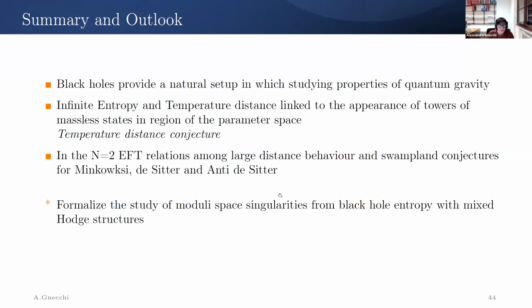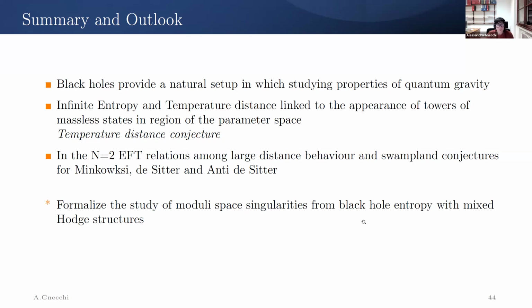But I think that overall, the lesson that we should learn here is that there are some interesting properties that we see in string theory compactifications that are easily tractable in the effective field theory, and they come from important properties in quantum gravity. So there's still a lot that can be understood and can be studied.